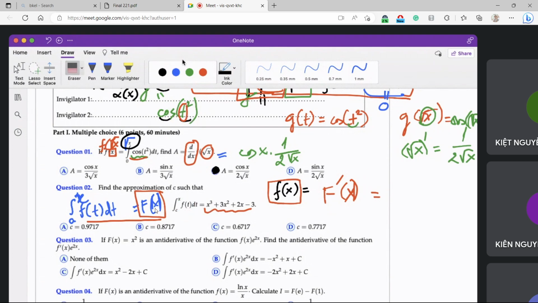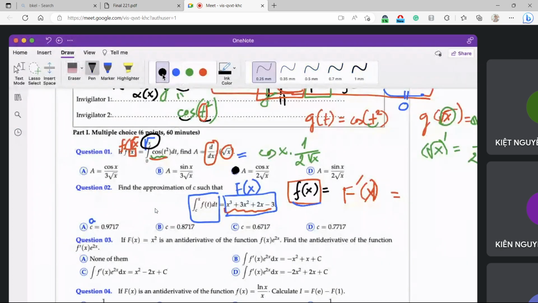So here this is my function big F, right? Which is equals to the integral from c to x of ft dt. So I wanted to find the inner function. Understand? Yes or no?